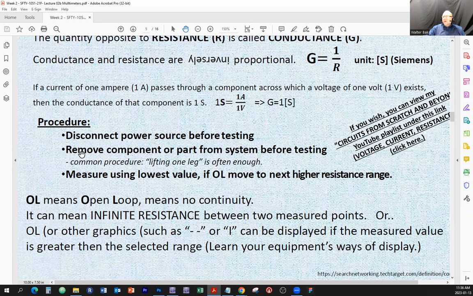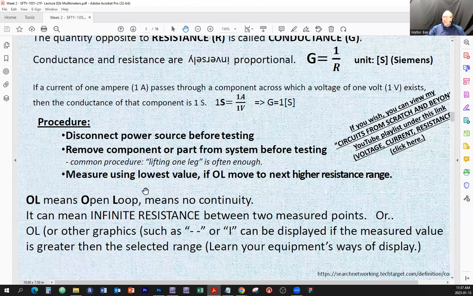Then we need to remove the component or part from the system before testing. A common procedure would be something that's called lifting one leg. It's often enough to do that.